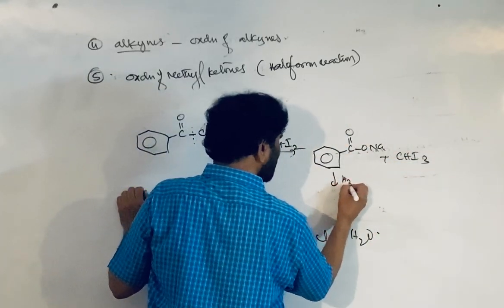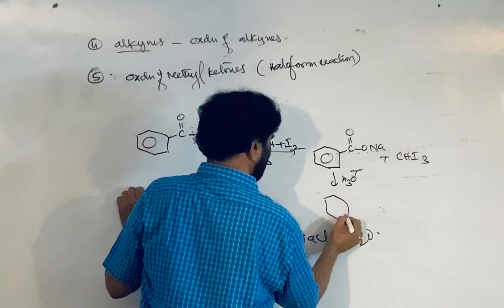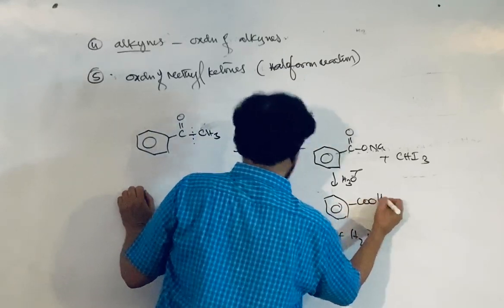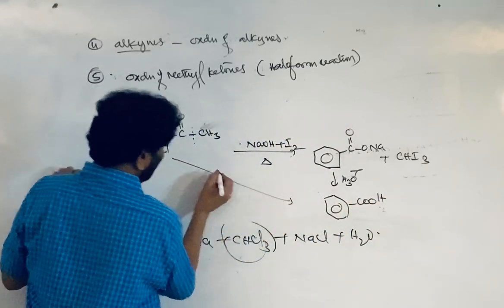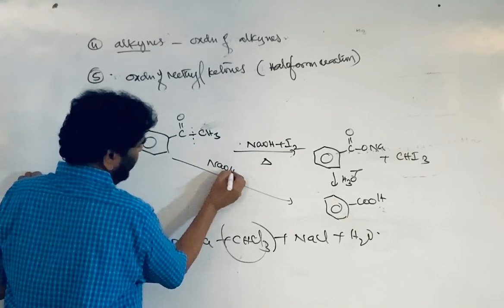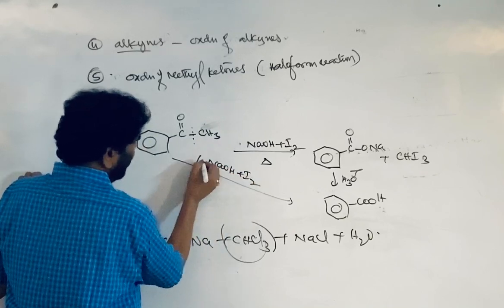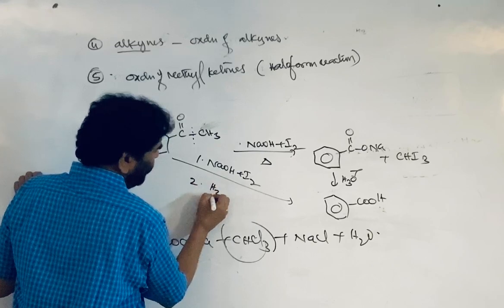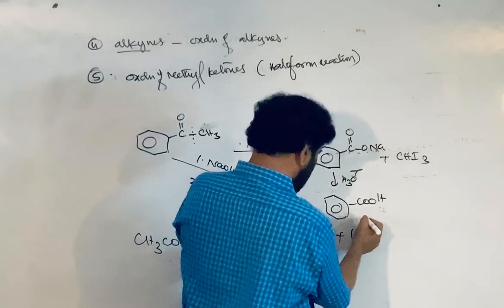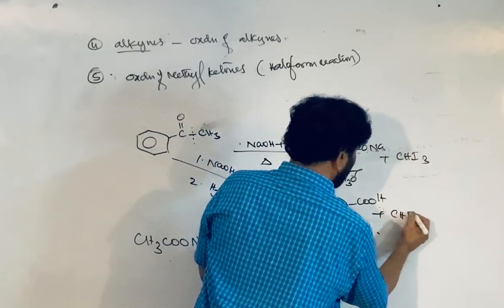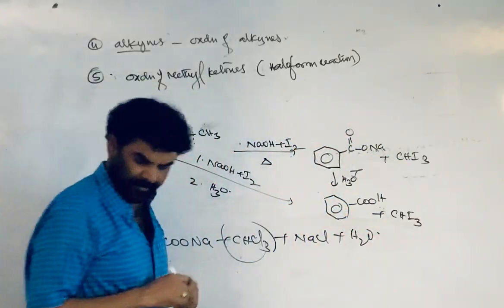This on acidification gives benzoic acid. So we are treating with sodium hydroxide plus iodine, and the resultant product is acidified. You get benzoic acid plus iodoform, a yellow solid.